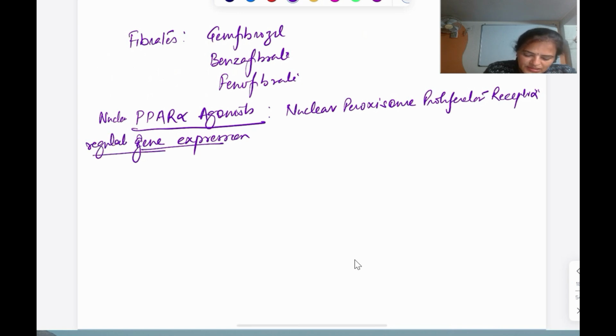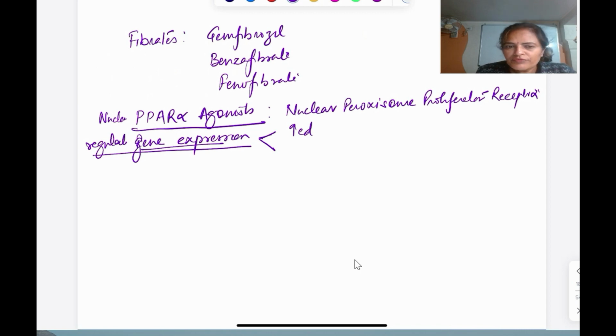So by doing this, what will happen? It is going to cause increased expression of a few genes and decreased expression of certain genes, regulating different kinds of proteins or enzymes. This is how it is going to act.